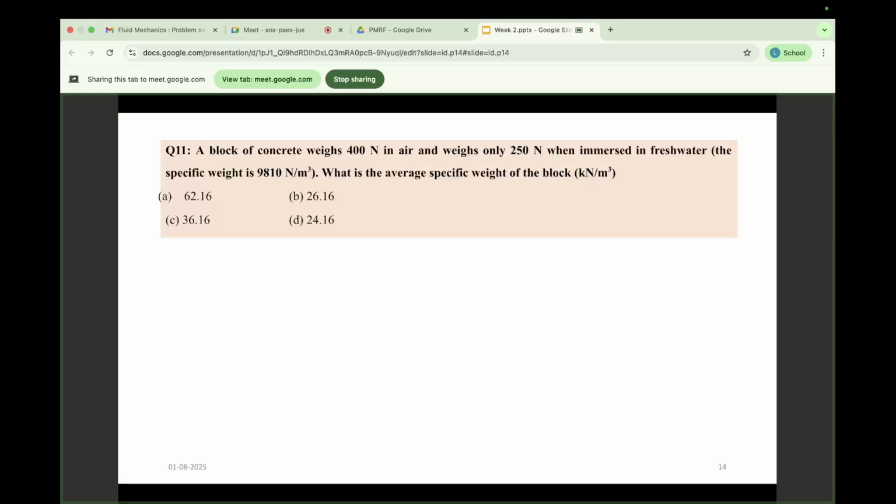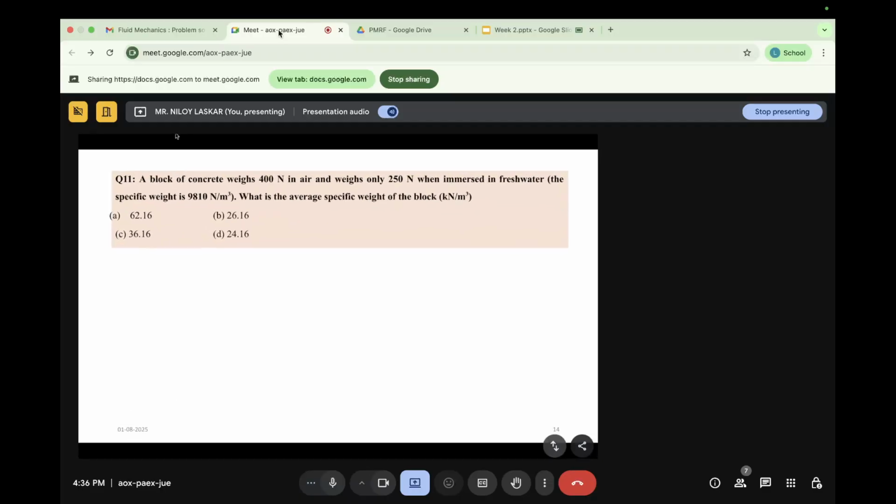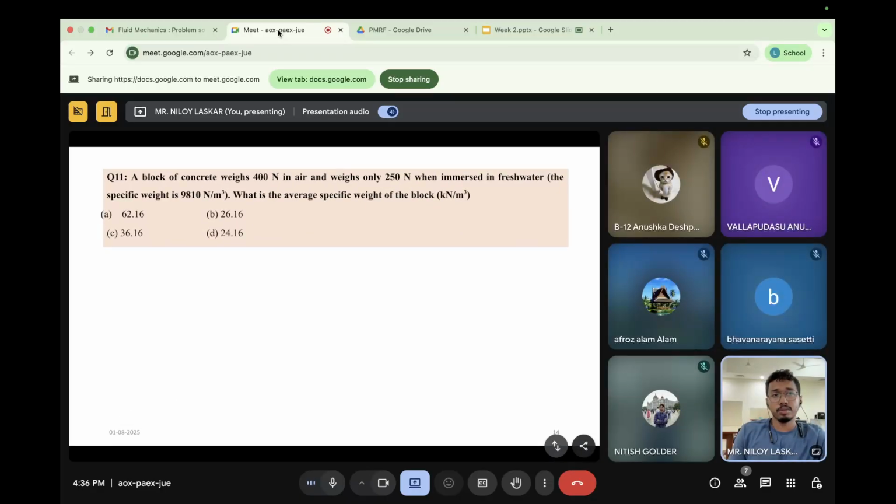Specific weight of water is given. So please try to answer this. I am giving you 1 minute, and after that I will solve it for you.